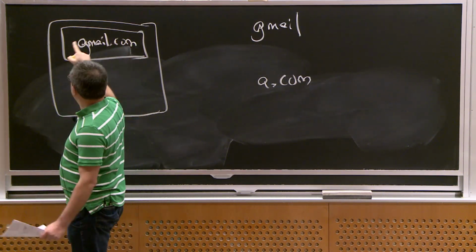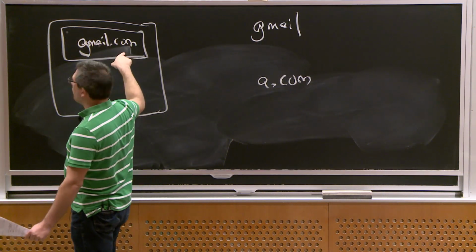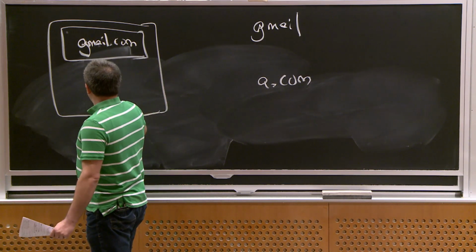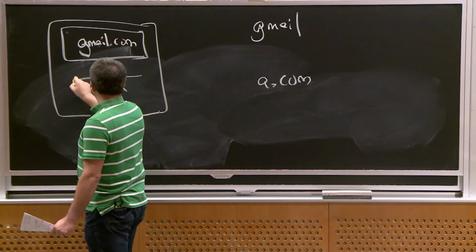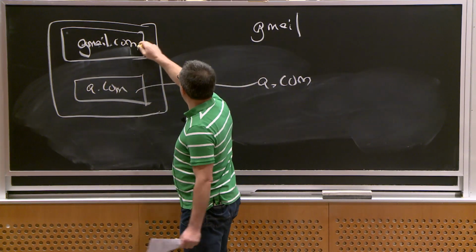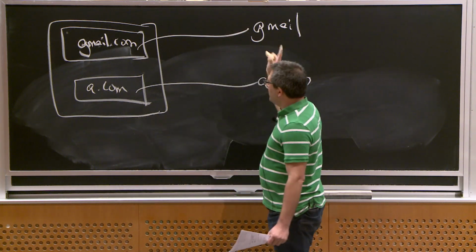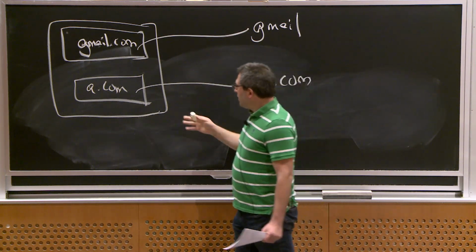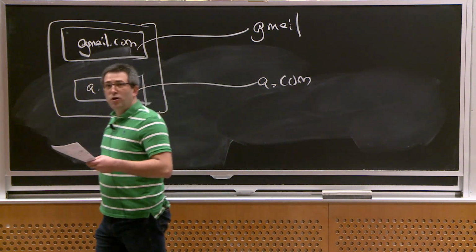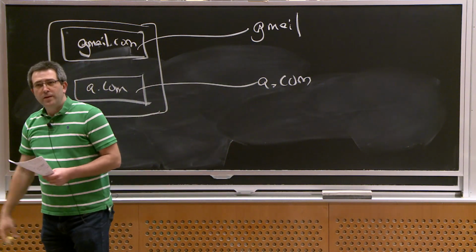I'll abbreviate. Probably it's https gmail.com 443 for the port number. But that's the origin for the Gmail stuff. And there's another origin for running all the stuff from attacker.com. And then these guys are somehow going to get connected to their respective sites. So then, hopefully, attacker.com can't poke all the stuff going on in the Gmail window.